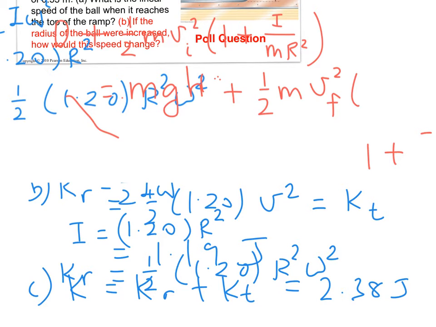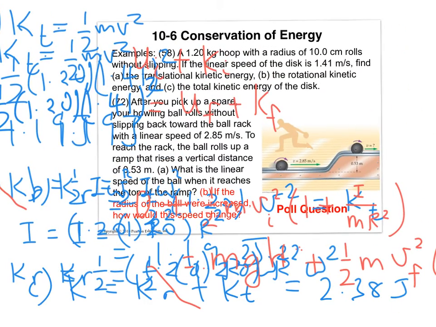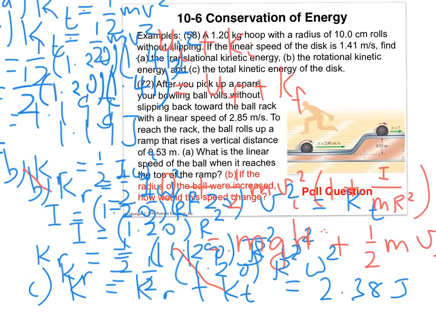So far, all I make use of is that it is a solid ball that's rolling. I have not made use of anything else. And from here, I know h, I know v initial, I can calculate what the final speed is.